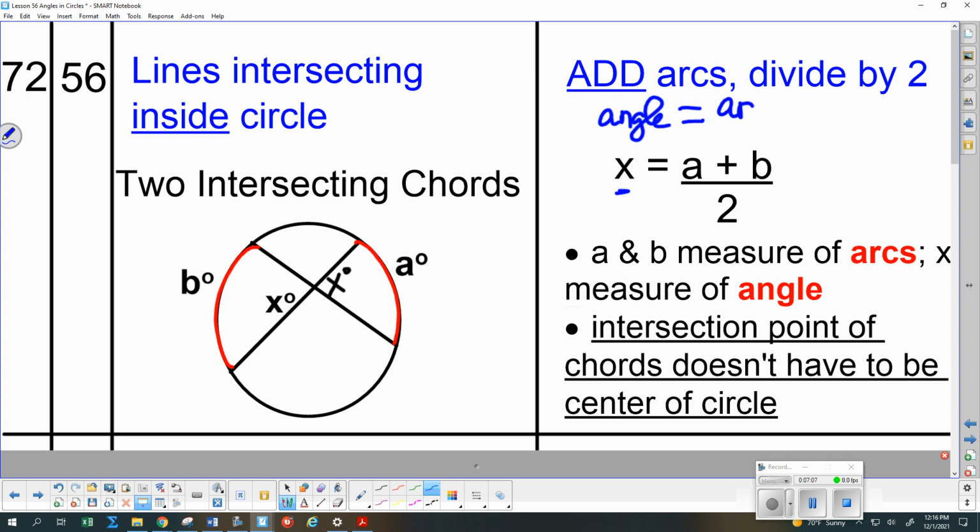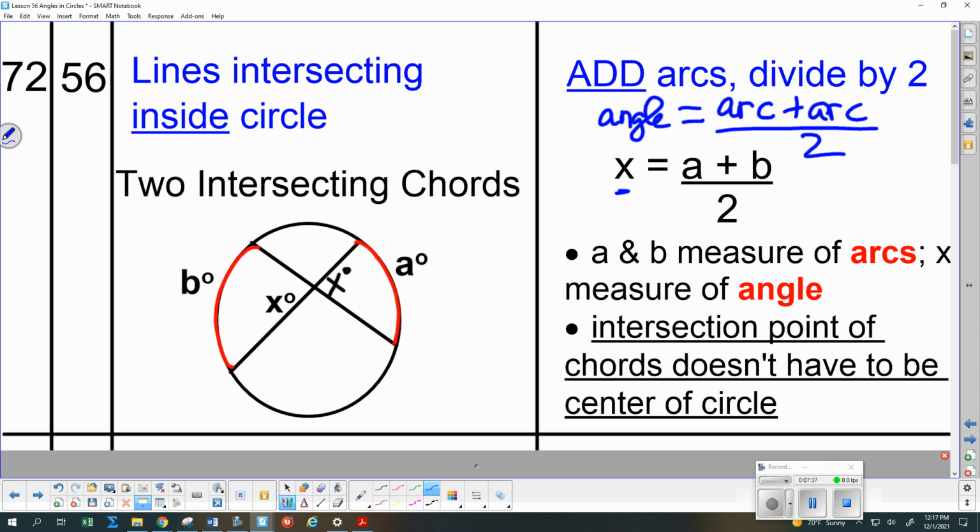So memorize this as the angle equals the arc plus the arc over 2. If you try to memorize it with X equals, you're going to get yourself messed up because sometimes I might tell you the degrees for the angle, and I might tell you one of the arcs, and I might want you finding the other arc, and I might put an X over there where this one has B. I could use any letters I want to on a problem, and if you memorize it as X equals and I put X in a different place on a problem, you're going to mess yourself up.